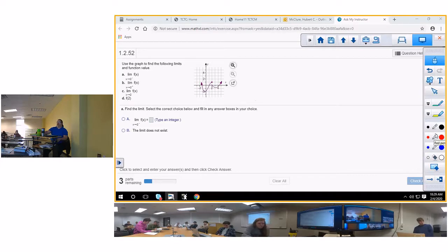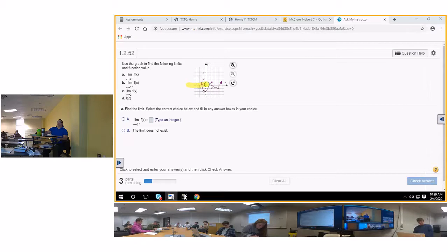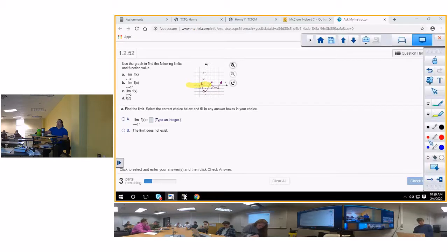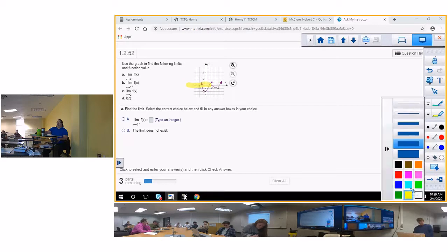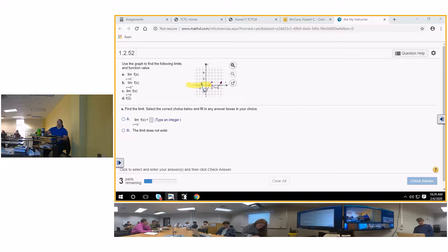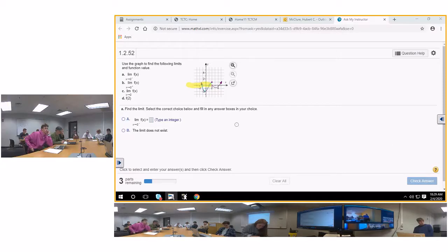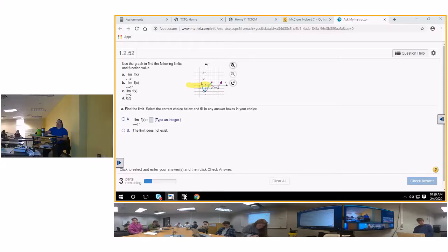As I approach 2 from the left, not -2, but as I approach 2 from the left, what line am I on? I'm on the line right here. So which line is that line approaching? Or what y is that blue line approaching? 1. So that would be 1 right here.